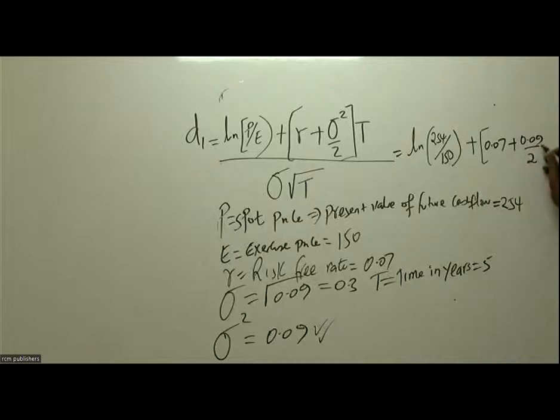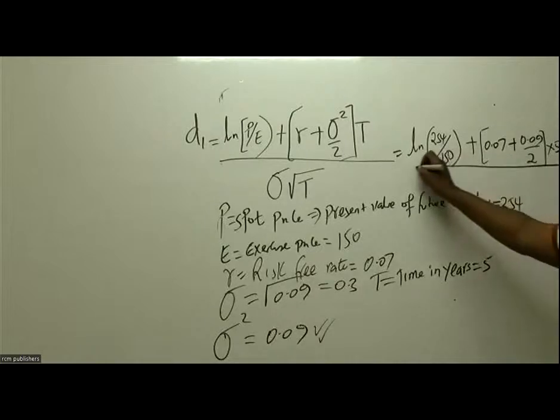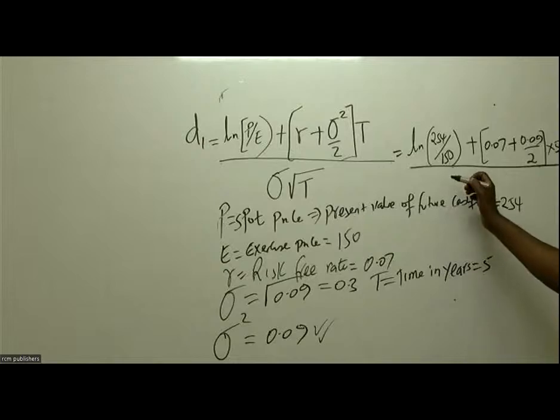You divide this by 2, multiply this by T, which is 5 years. And then everything is divided by the standard deviation, which is 0.3, times the root of time, root of 5.